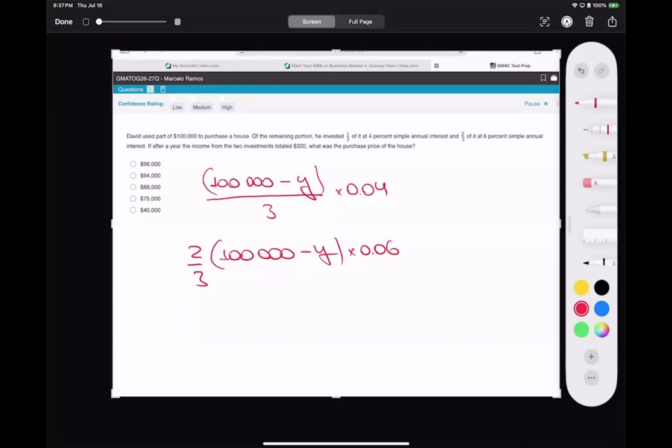If after a year the income from the two investments totaled 320, what was the purchase price of the house?